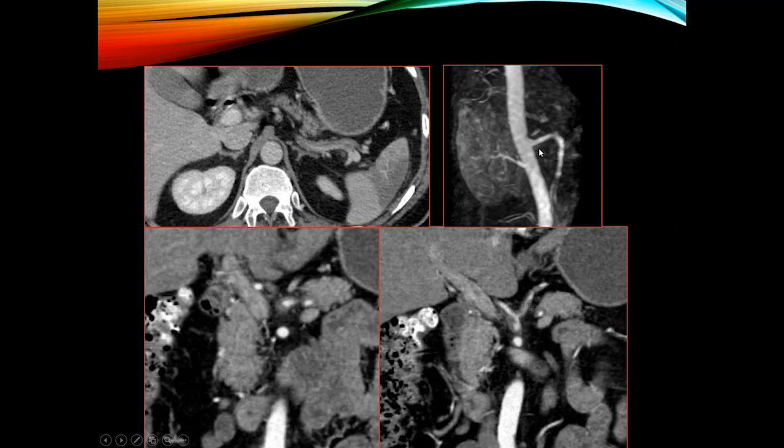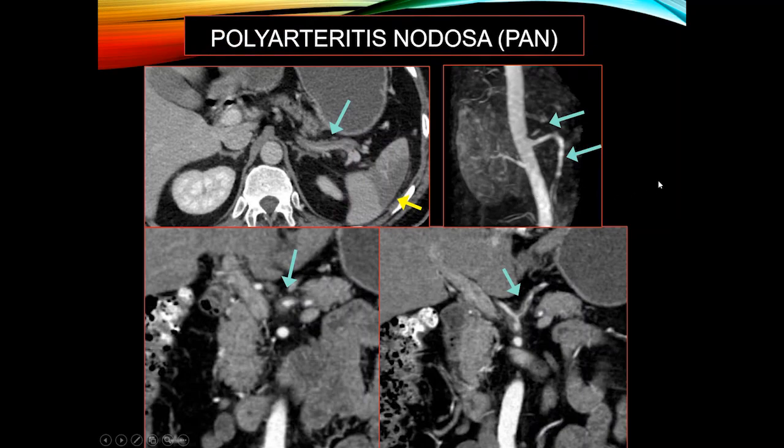We see on an MRA done later that the celiac artery is absent. We can't even see it anymore on the MR, and there are also areas of narrowing within the SMA. In this case, this is another vasculitis, and this is an example of polyarteritis nodosa.